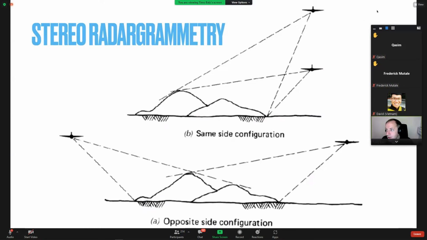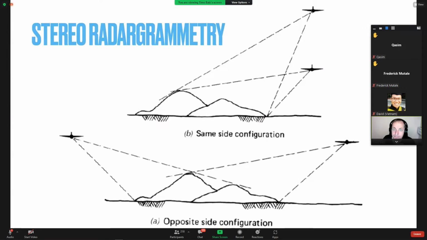It's pretty much similar to optical in that sense, right? If you have two cameras or your two eyes very close together, you get less of a 3D view than if your cameras are very far apart from each other. You get a better 3D solution when the baseline between your two cameras is larger. And that's the same case in stereo radargrammetry.